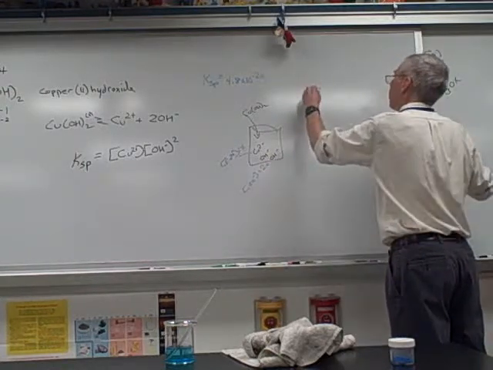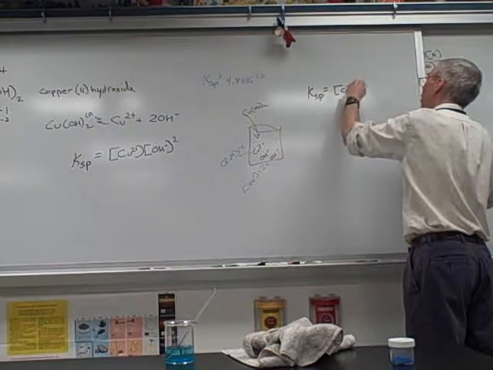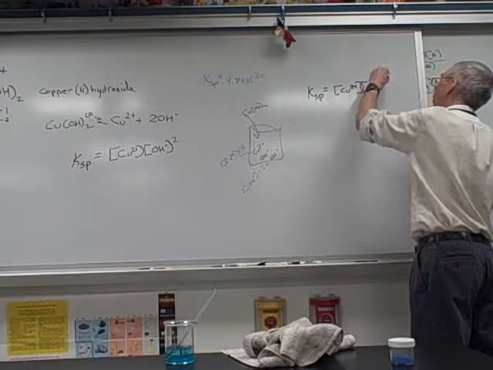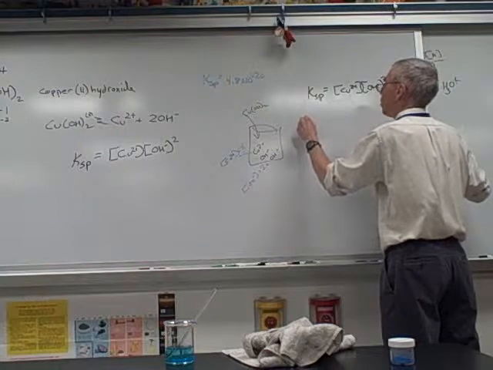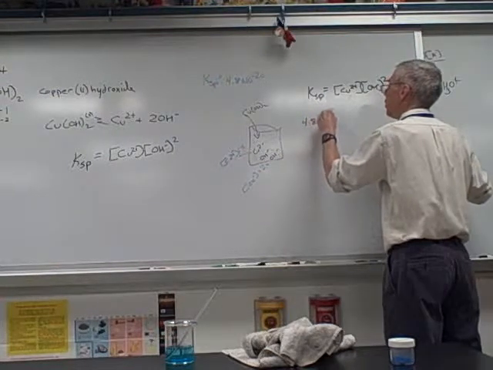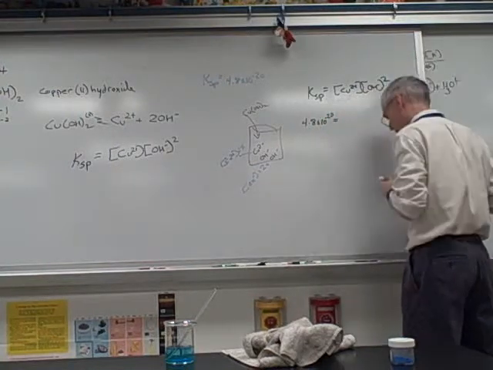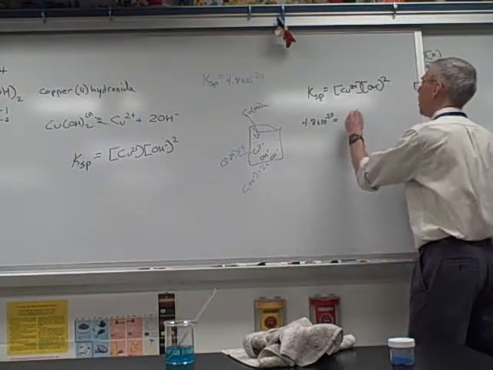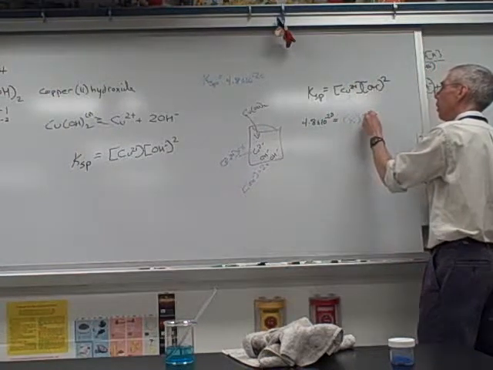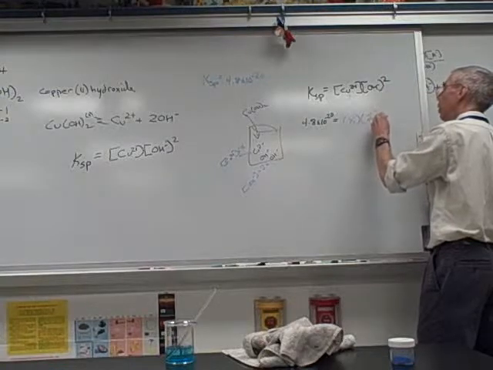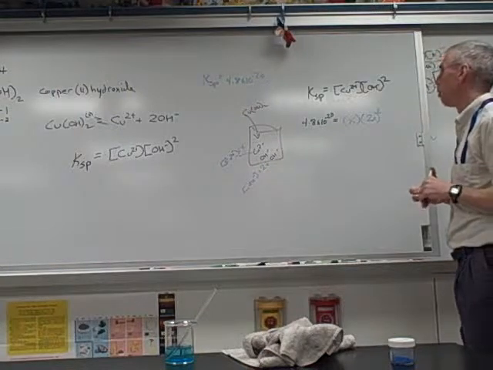Okay. Well, now, if we're going to solve that, we'll take the equation you already came up with, copper, and we want to solve for what the concentrations actually are. Let's plug everything in. 4.8 times 10 to the -20th equals x to the first and, okay?